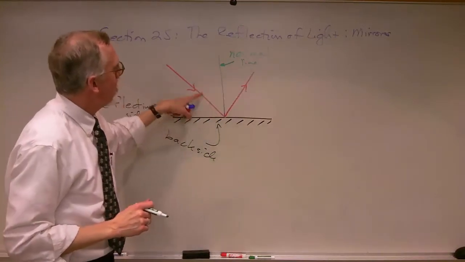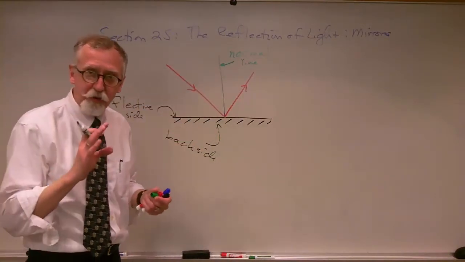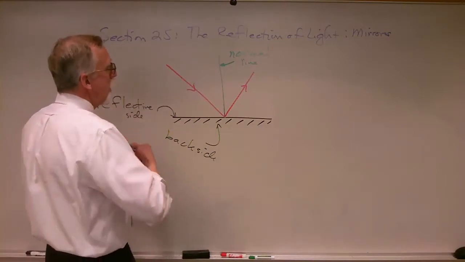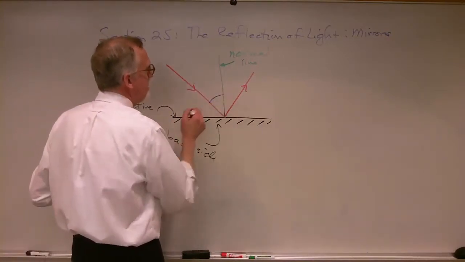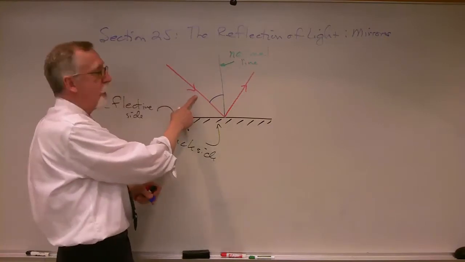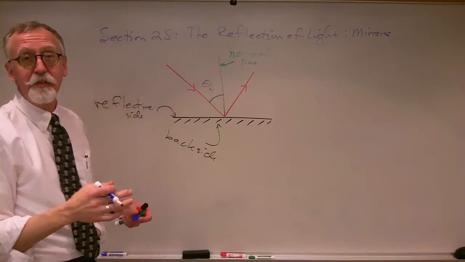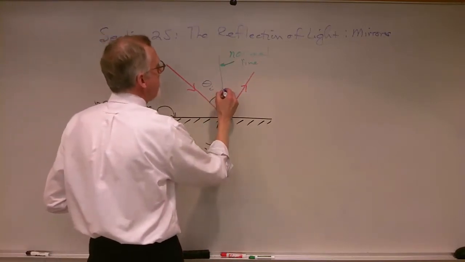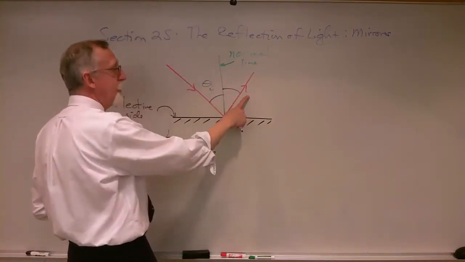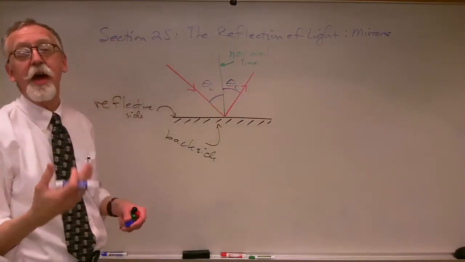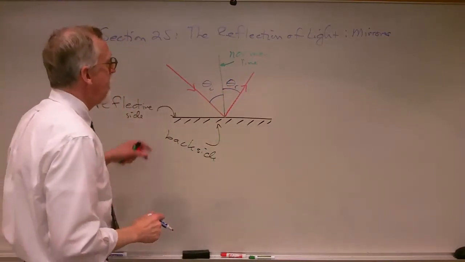This ray will reflect according to a very, very simple law, probably one of the simplest laws there is in physics. We'll define the angle between the incident ray and the normal, and we'll call that theta sub I. That's the incident ray. The angle between the reflected ray and the normal, we'll call that theta sub R. That's the angle of the reflected ray.